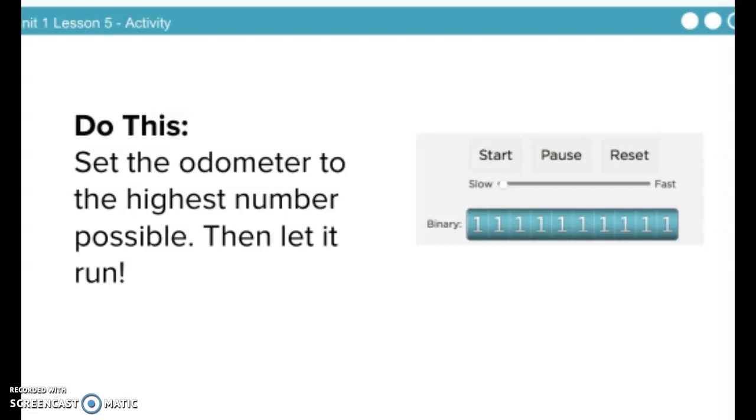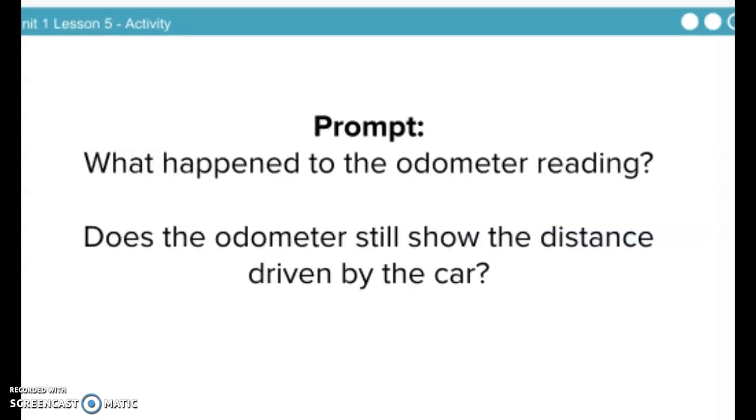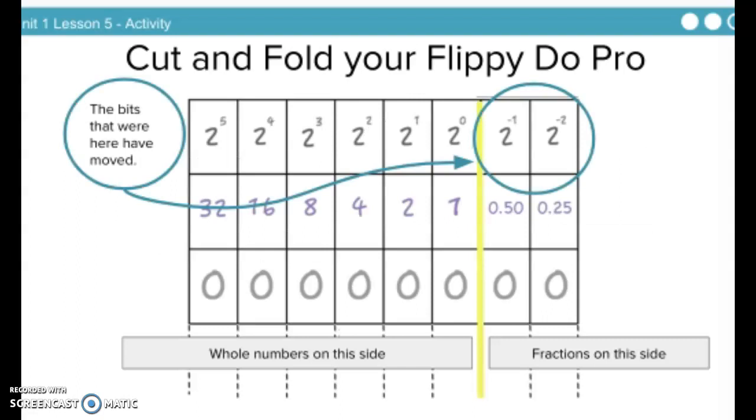When this happens, it's similar to an overflow, and this is what happens when in binary we have an overflow issue. What you're looking at is a Flippy Do Pro, and you'll notice the vertical line. To the right of 2 to the 0 power, we have 2 to the negative 1 and 2 to the negative 2.